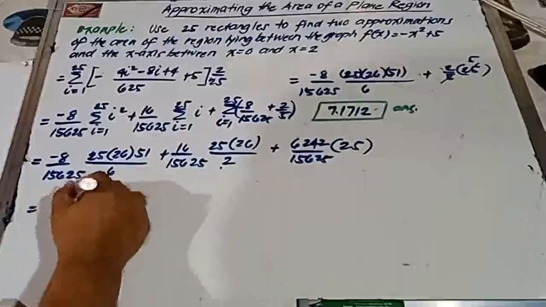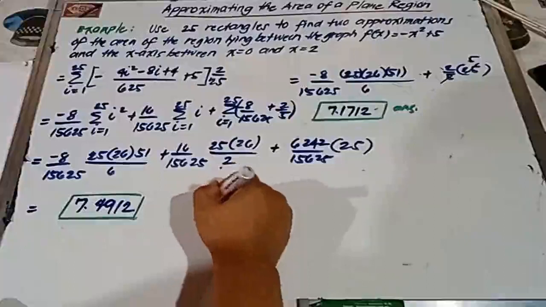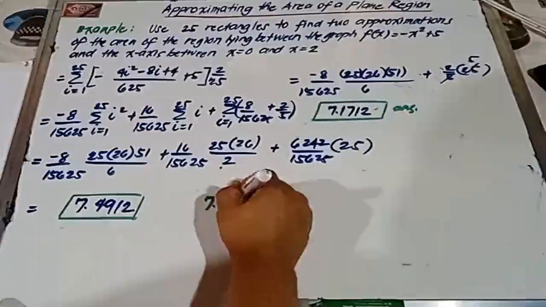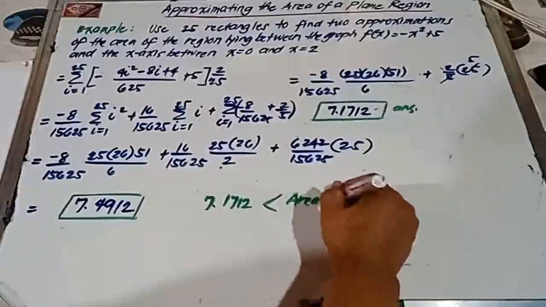So, ang area ng region natin, maganda na yung approximation natin kapag marami yung rectangles. So, if the number of rectangles approaches infinity, we're going to get the exact area of the region. Okay? So, 7.1712 is less than the area of the region na hinahanap natin.